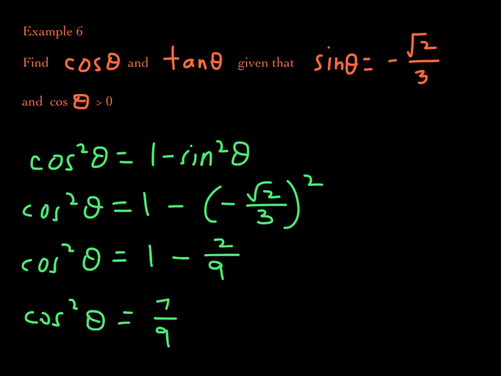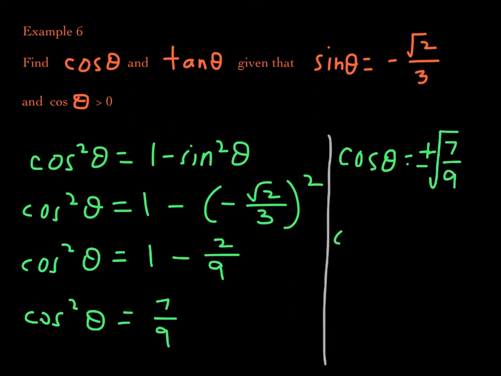Let's take the square root of both sides. I'm going to come over here now to work. If I take the square root of both sides, I have cosine of theta is equal to plus or minus the square root of 7/9.